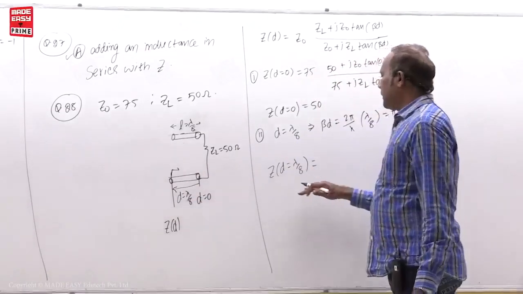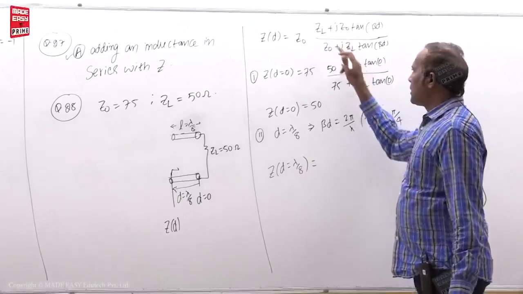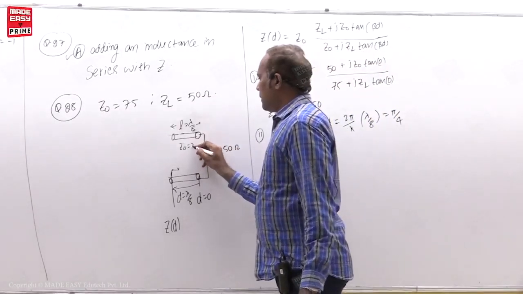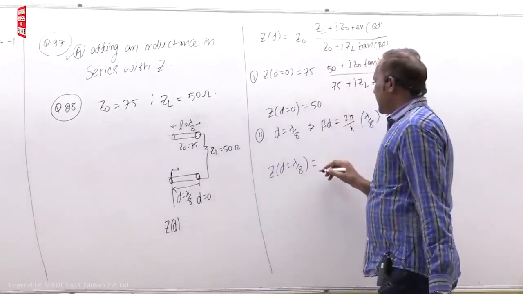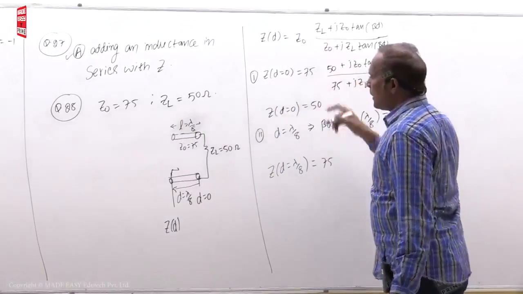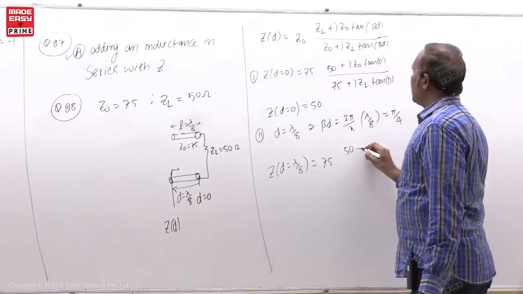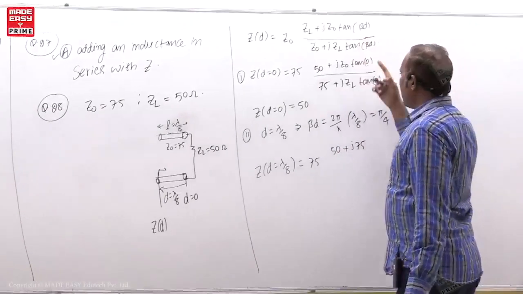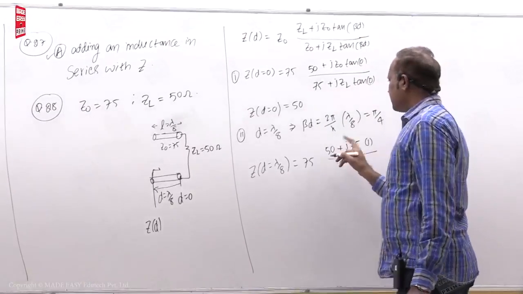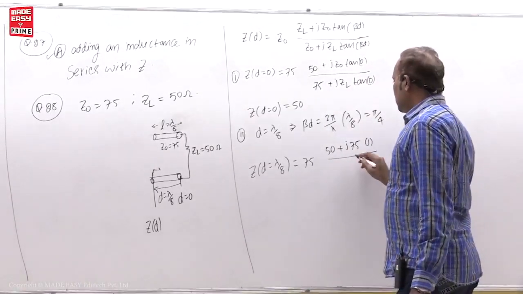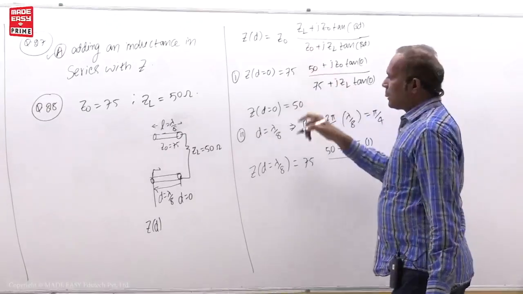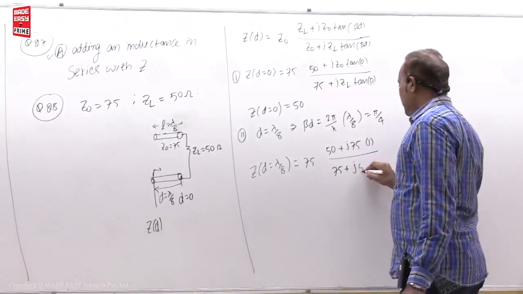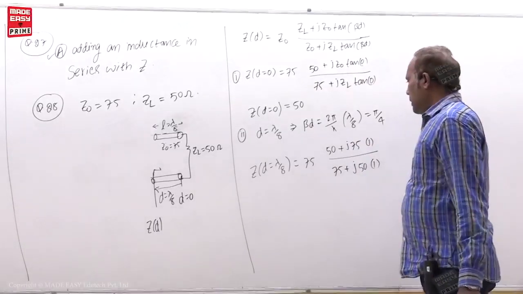Now let us calculate for D is equal to lambda by 8. This is the formula. Z0 he has given as 75. Then ZL is 50, plus jZ0, j75, tan pi by 4 is 1. So Z0 75 plus jZL 50 into 1.